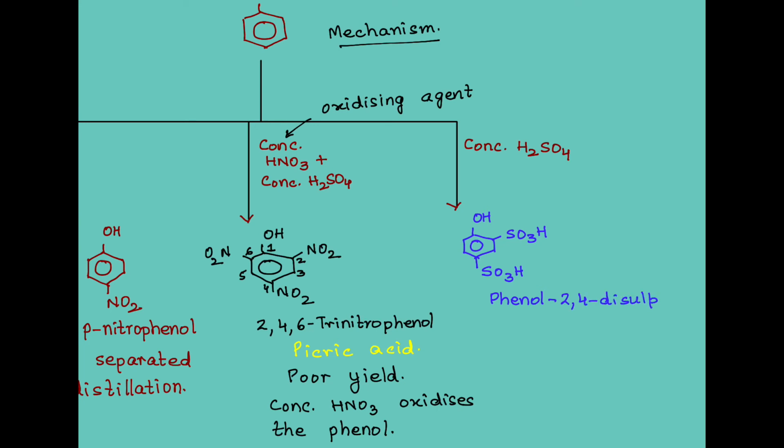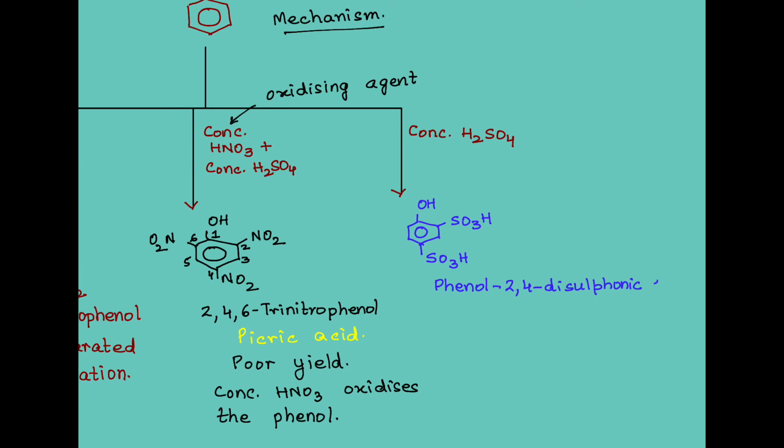What mistake did I make? Yes, I said 2,4-phenol. It's not 2,4-phenol, it's phenol 2,4-disulfonic acid. And then I am going to carry out its nitration, again with the presence of concentrated HNO3.